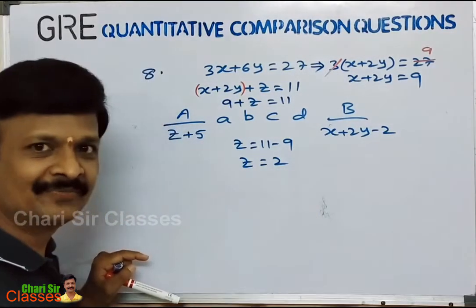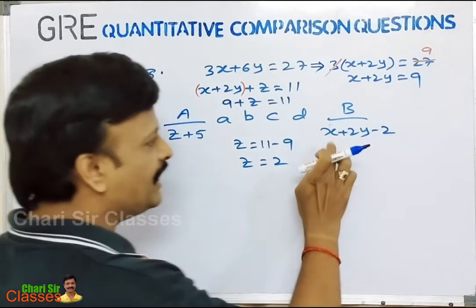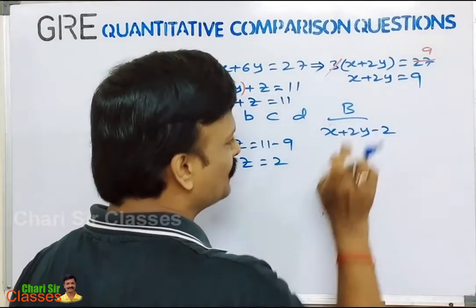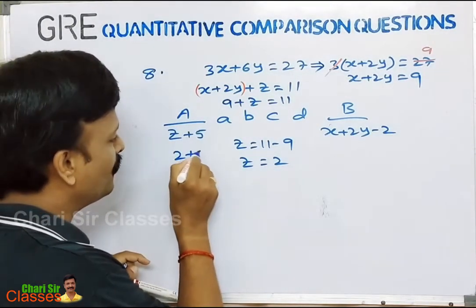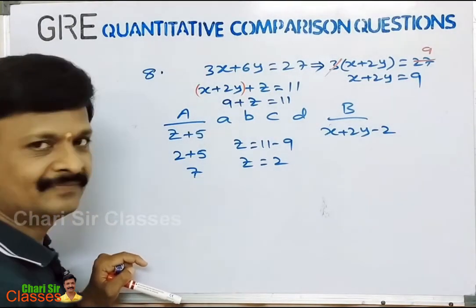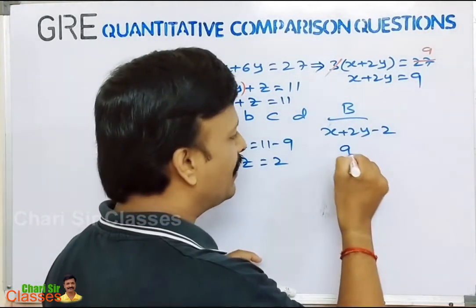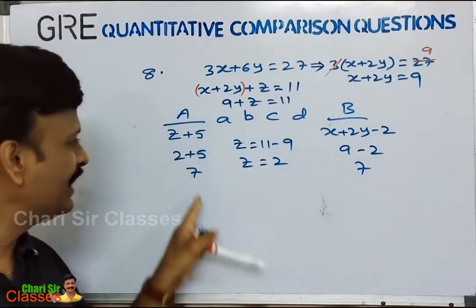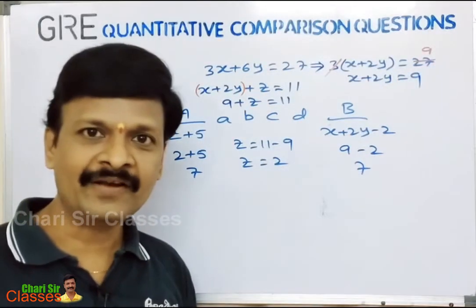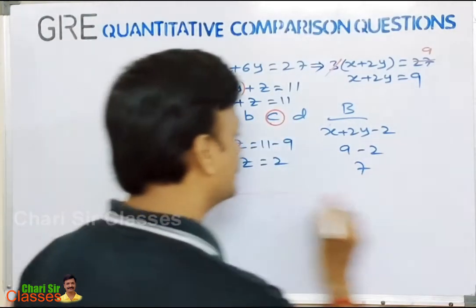Now coming to quantity A, z plus 5, and quantity B, x plus 2y minus 2. Z value is 2, so we put 2 plus 5, that is 7. And for x plus 2y, we have got the value 9. 9 minus 2 is nothing but 7. Here quantity A is 7 and quantity B is also 7. If the two quantities are equal, then you can select C. That's it.